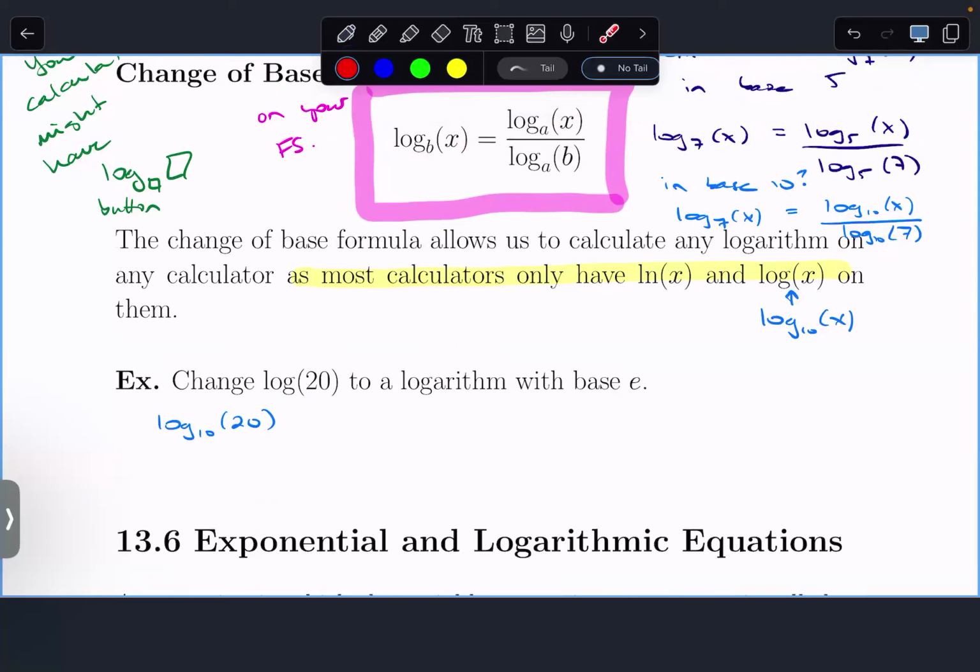If I want to rewrite it with log base E, then I'll write log base E of 20 divided by the log base E of 10, because B is 10 and X is 20.